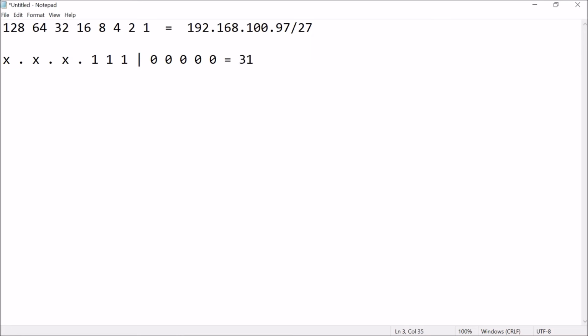And what we need to find out for the increment is the equivalent of this. So since this is 1, 2, 4, 8, 16, this is 32, so our increment number is 32.